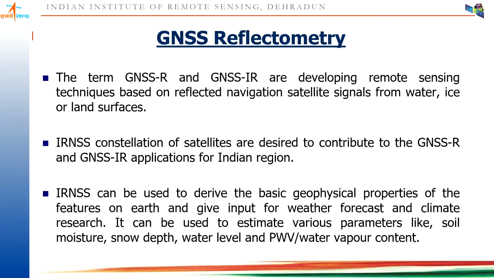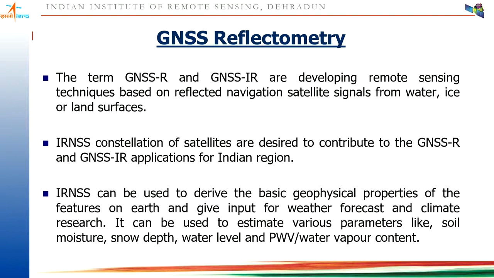Multipath means the signal may hit a building or a pole or the ground, and then be received by the receiver. It follows a different path, whereas if it comes directly, it will be more accurate. So we remove the multipath signals and then compute the precise position.